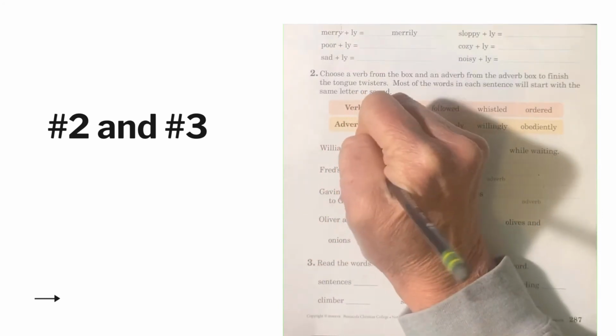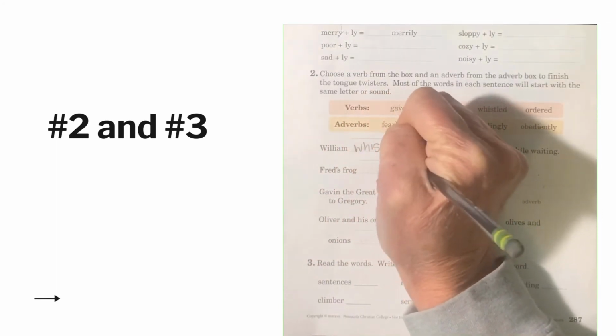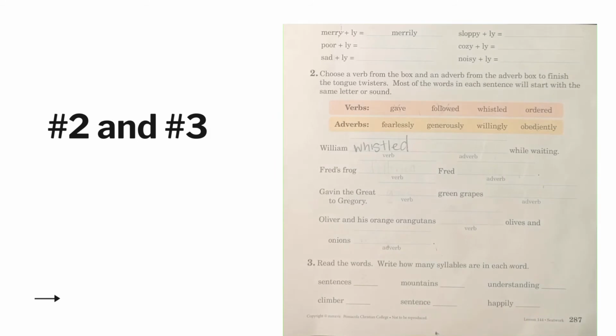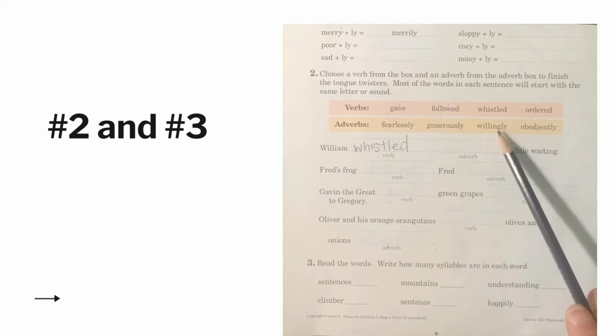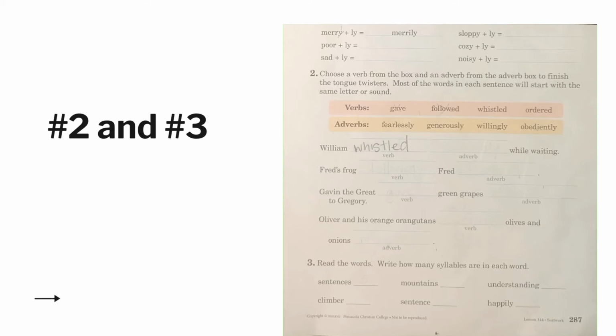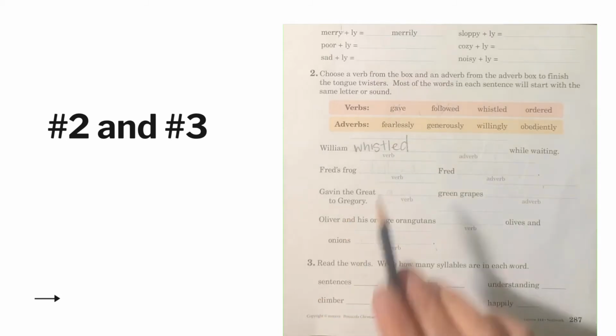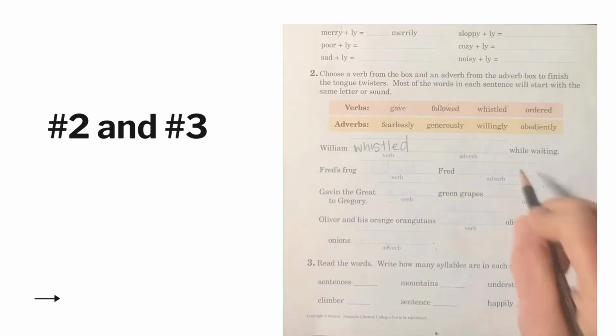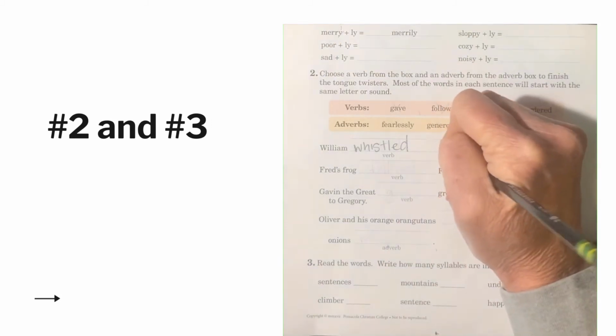So you're going to write whistled in there. William whistled blank while waiting. Now, because it's a W, you want to find an adverb that also has a W to get all those same W sounds in there. So William whistled willingly while waiting. See, they're all W's.